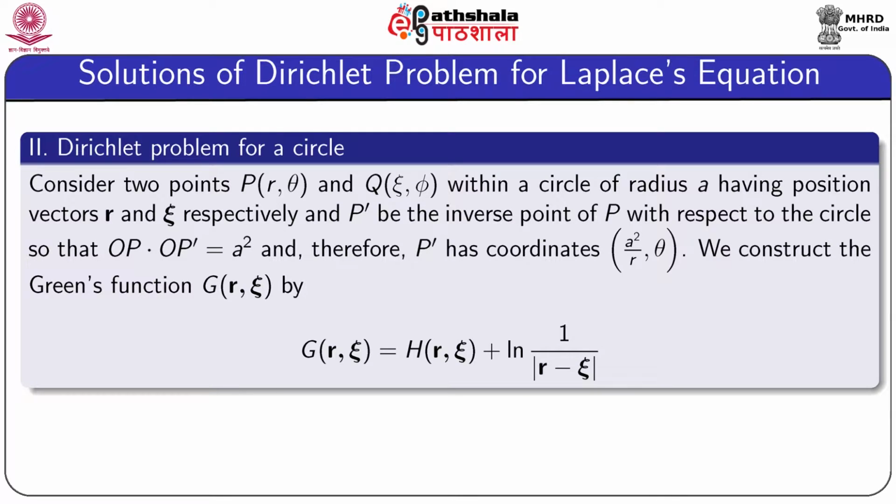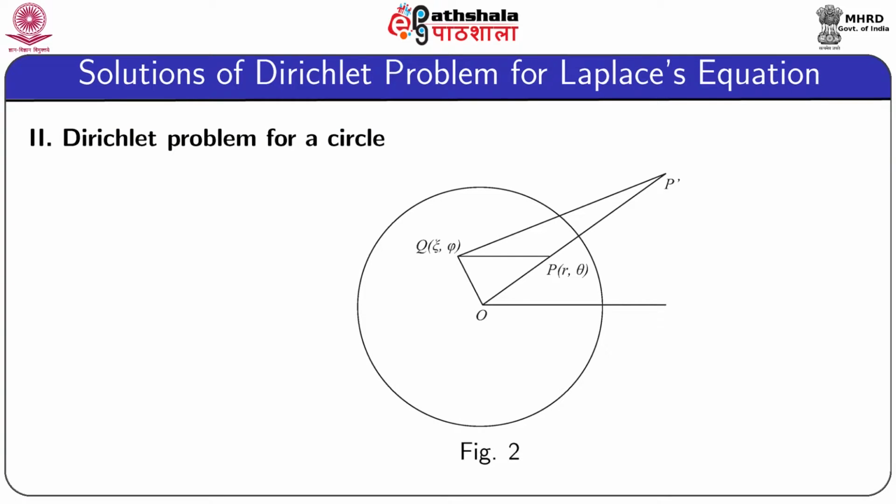P is a fixed point in the circle. So, if we see this figure, P is a fixed point inside the circle having position r theta, and Q is a variable point inside the circle. It is denoted by xi and phi. So, these are the polar coordinates of the 2 points.